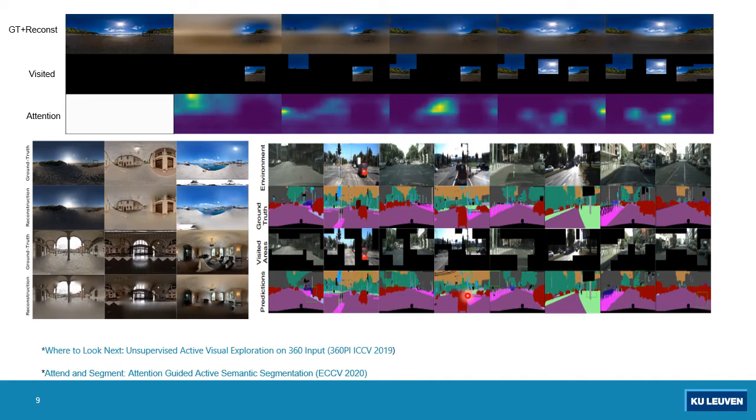In this paper, we try to extend our approach to semantic segmentation problem. So we have an unsupervised training scheme which trains the network to select the best locations to attend to segment all the pixels in the image, including those ones that we haven't seen.